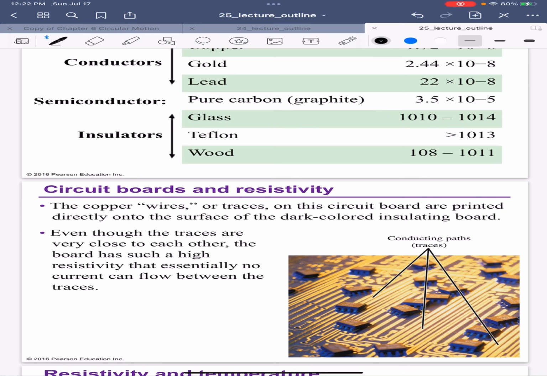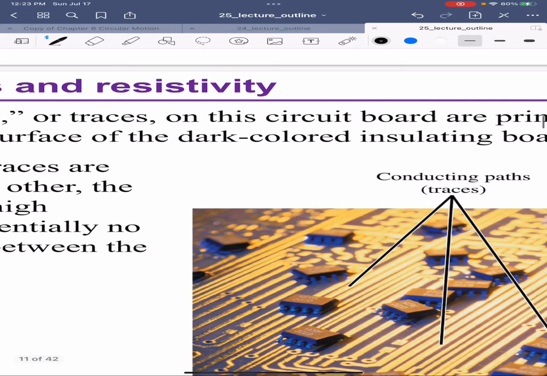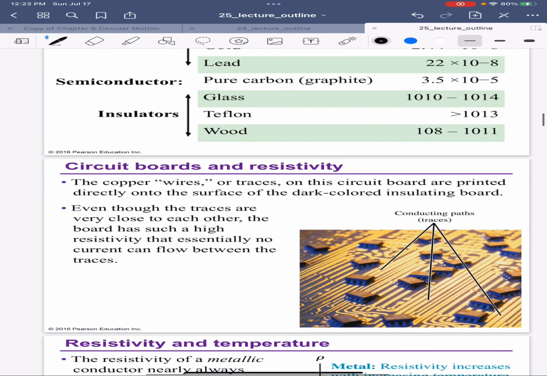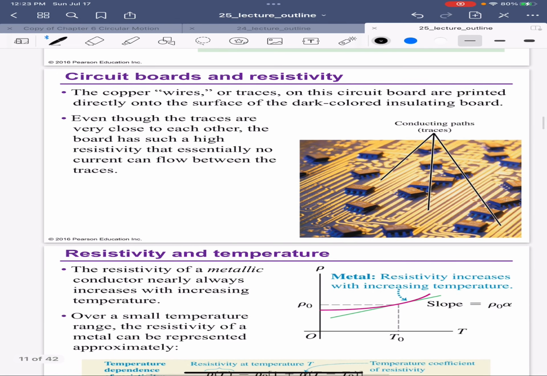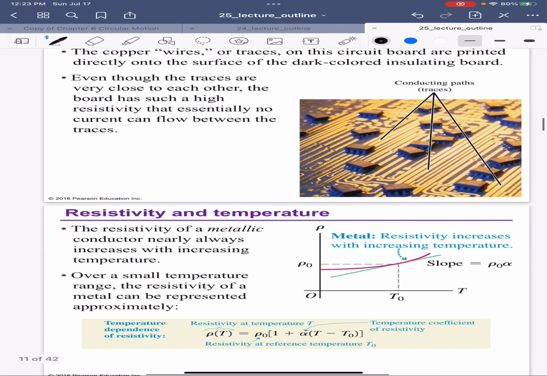Here on this circuit board, they are printed directly onto the surface of the dark colored insulating board, and you can see that these lines here, the yellow ones, are really the copper. Even though the traces are very close to each other, the board has such a high resistivity that essentially no current can flow between the traces. And we are using these boards widely now.